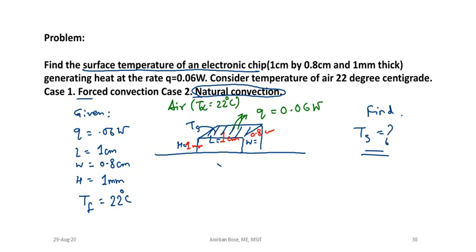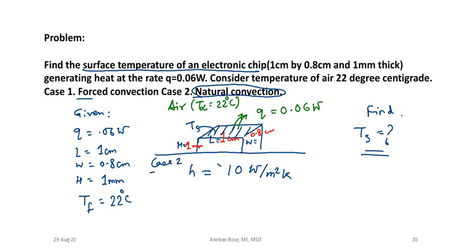Now for natural convection, we have seen that if it is still air natural convection, the value of H is in the order of maybe 5 to 25. Let us consider its value is 10, so 10 watt per meter square Kelvin. We are considering case 2 first.